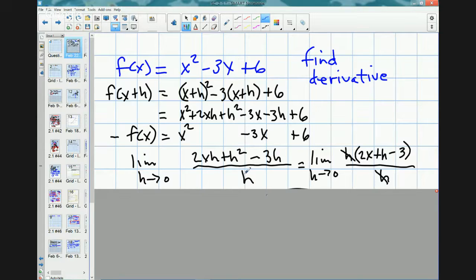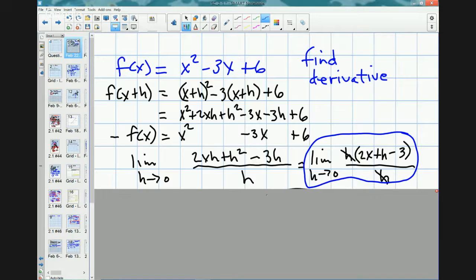I still can't substitute because there's that crazy h on the bottom. However, you probably noticed there's an h in all 3 of the terms in our numerator, so I can factor, which I did right over here. I can factor the h out, cancel it. Now can I take my limit? Can I substitute a 0 in for h now? You bet.